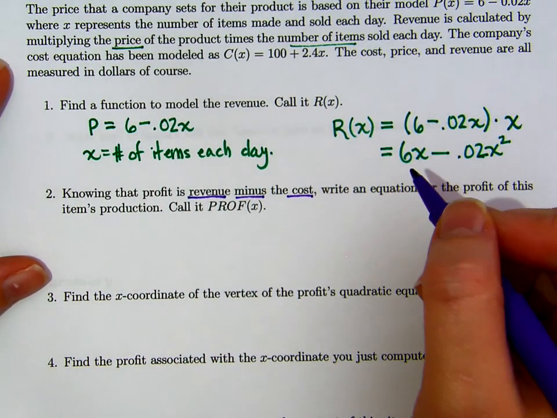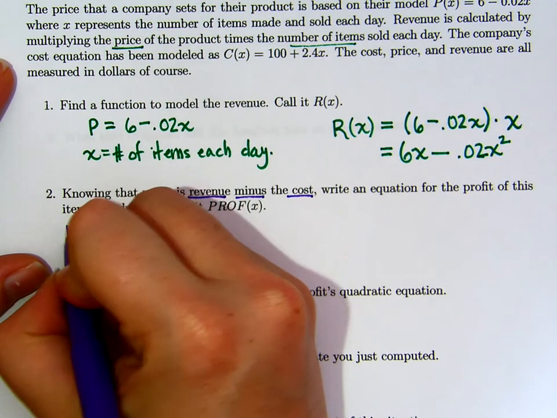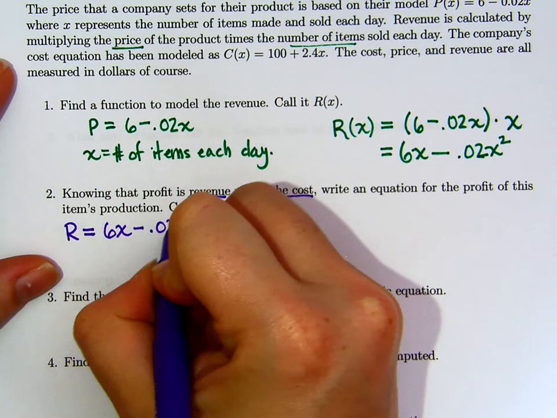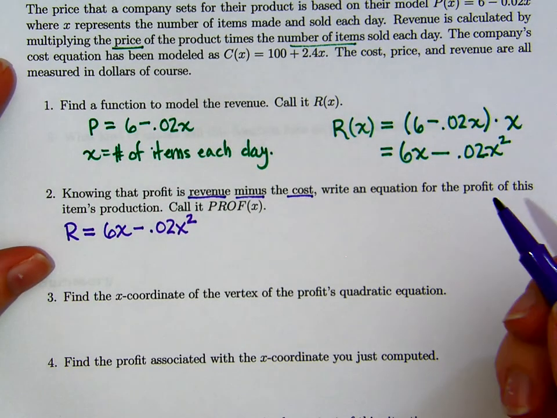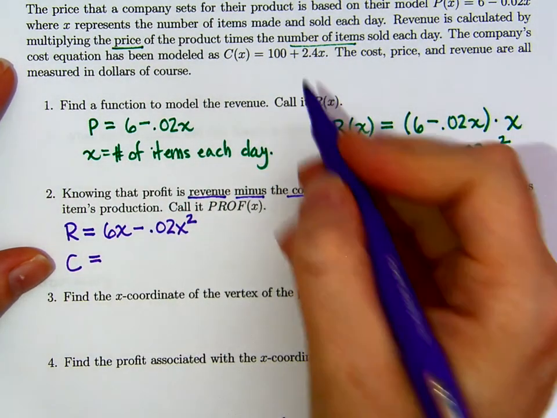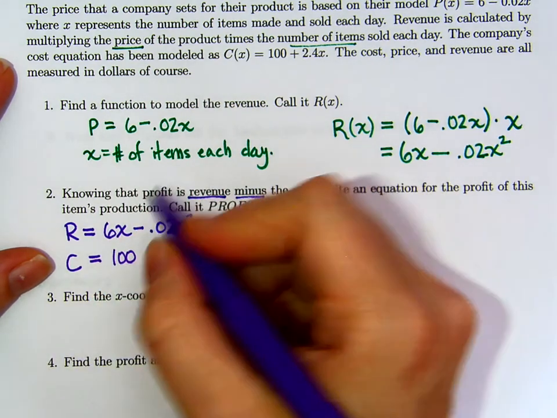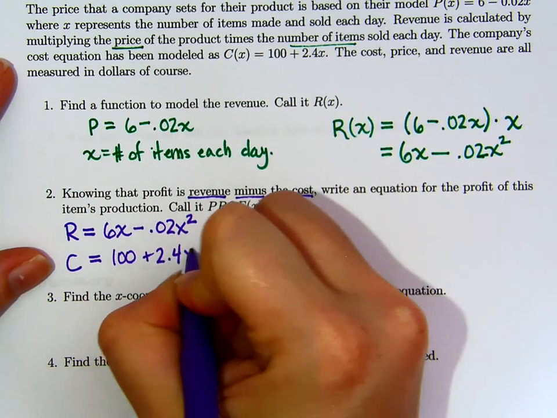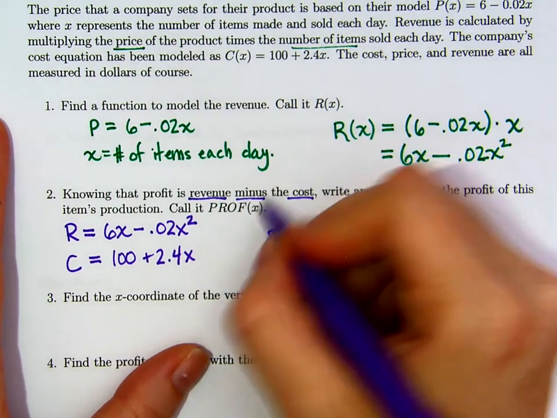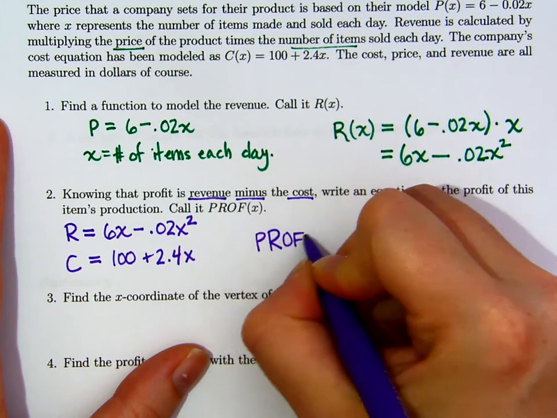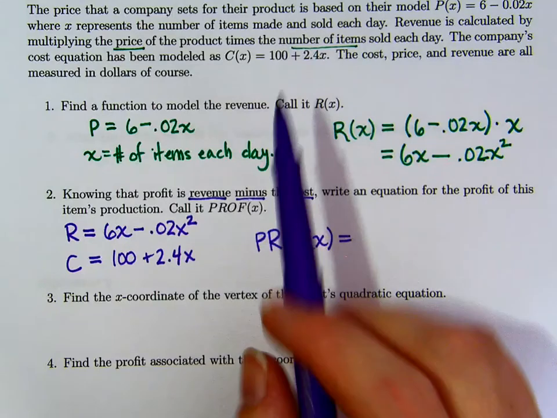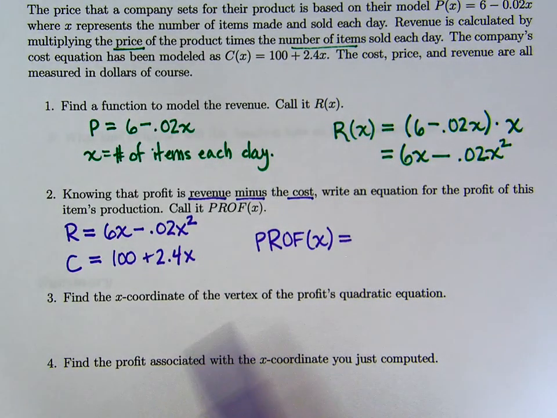Revenue is equal to 6x minus 0.02x squared, and cost is equal to 100 plus 2.4x.